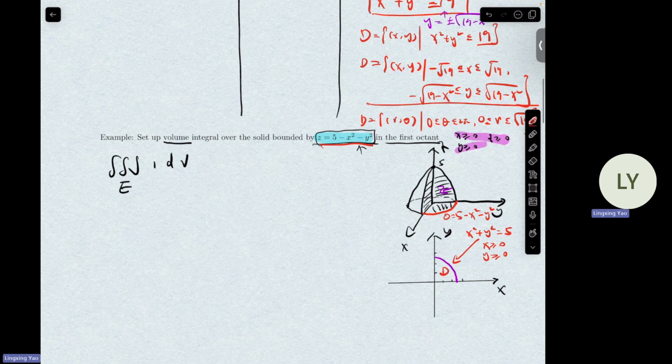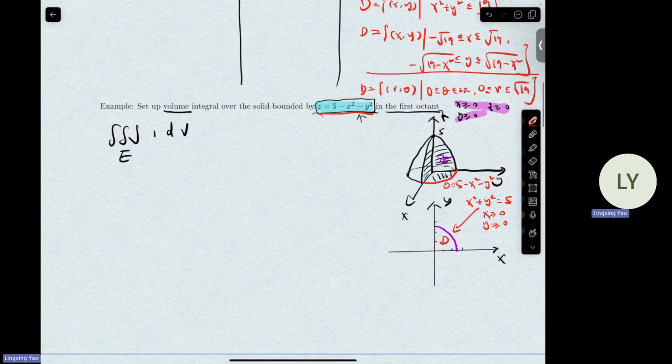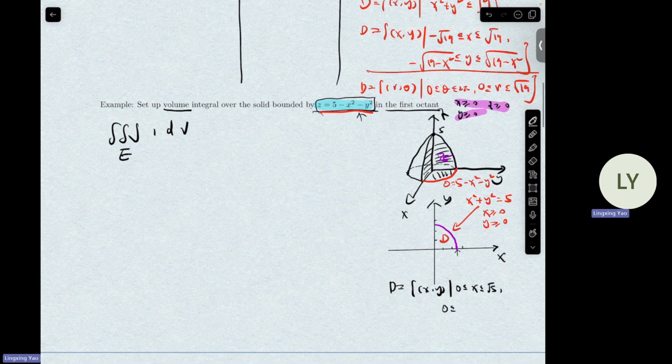Okay, so now think about it. For the domain D, we have x between 0 and square root of 5, right? And y is between 0 and this circle.